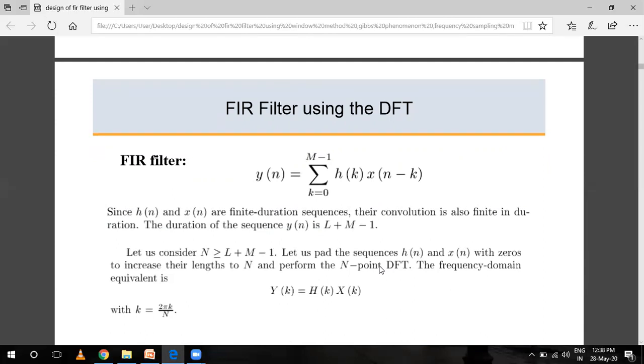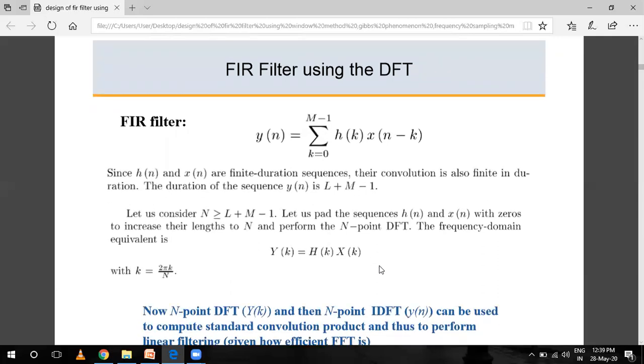This is my transfer function, where h(n) and x(n) are finite duration sequences. Their convolution is also finite in duration. The duration of the sequence y(n) is L plus M minus 1. Let us consider n greater than or equal to L plus M minus 1.